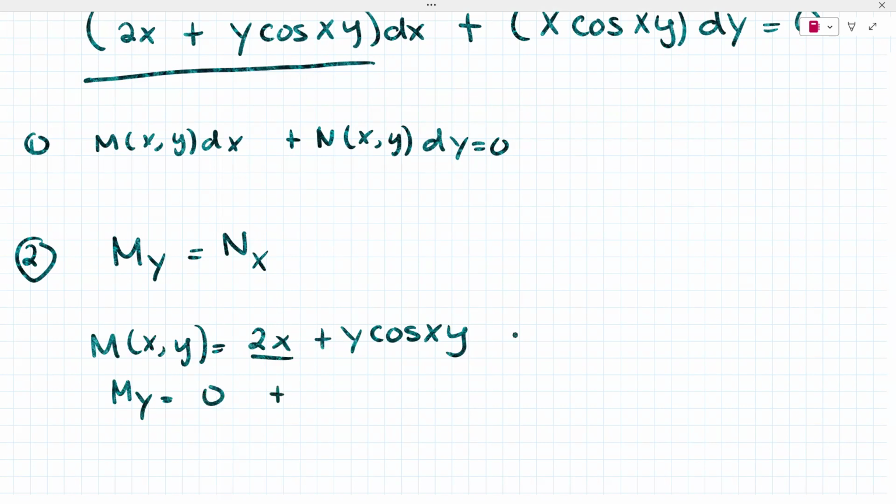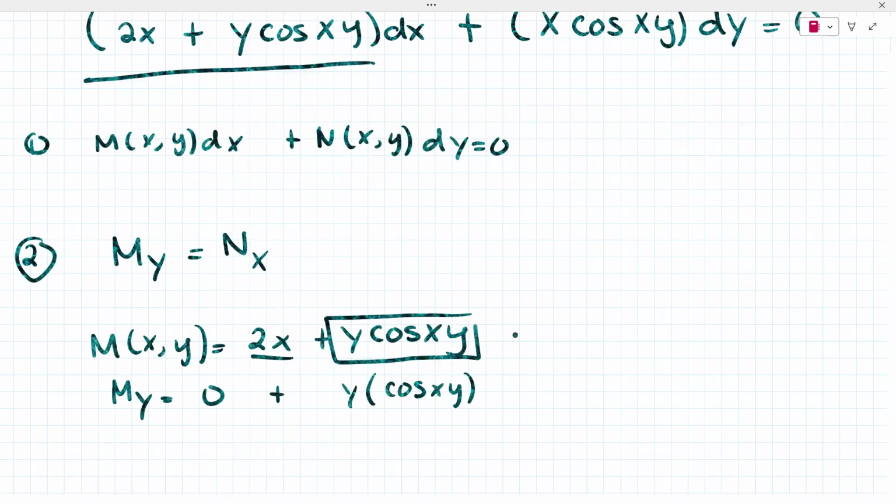Over here, how do I take the derivative of this in respect to y? See how there's two products? You're most likely going to do the product rule, right? So yeah, we're going to use the product rule.